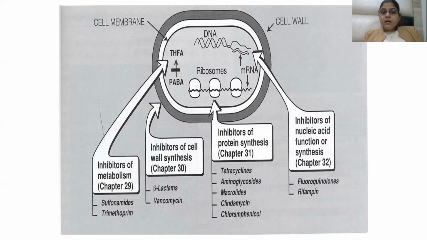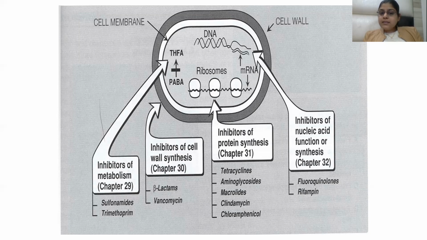These are the various antimicrobial agents. Inhibitors of metabolism are sulfonamides and trimethoprim. Inhibitors of cell wall synthesis are beta-lactams, vancomycin, bacitracin, cycloserine, and fosfomycin.